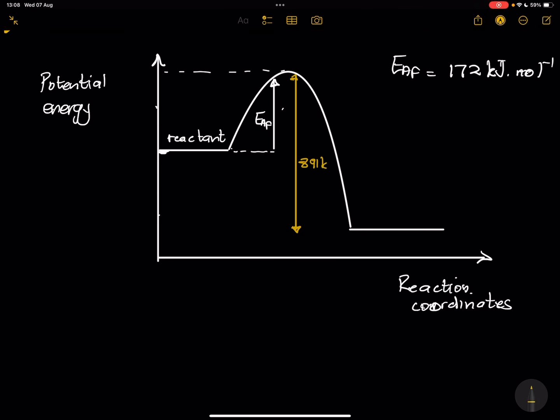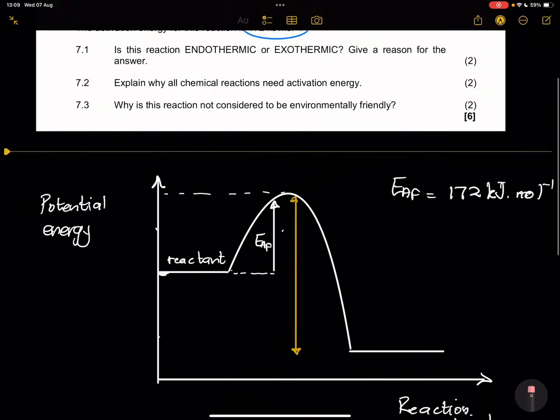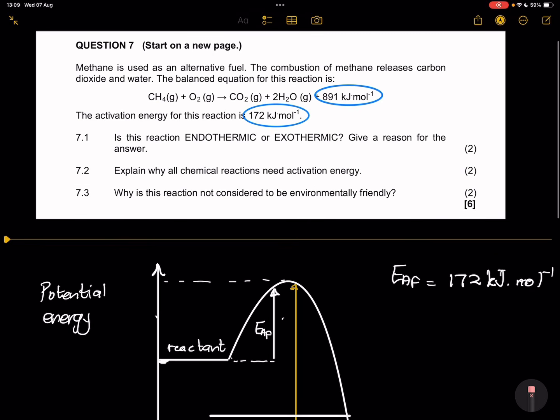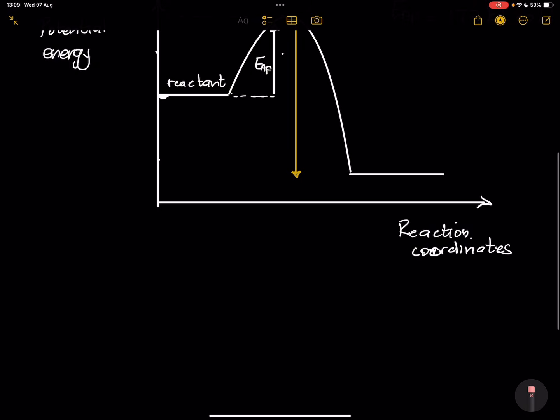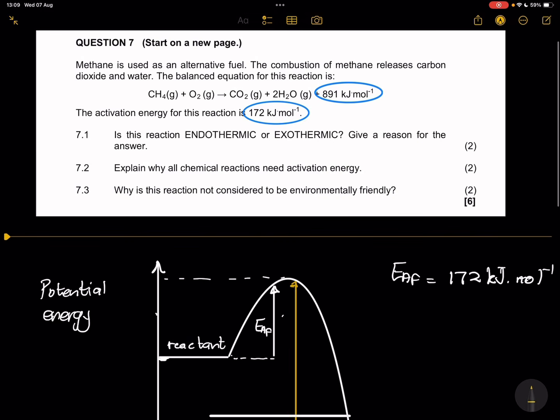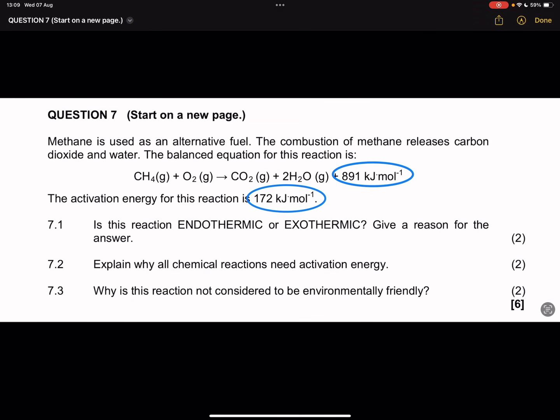Now, guys, I want you to really see this. In this case, what would therefore be delta H? Notice, if they asked us to calculate delta H for this reaction, that would be the amount of energy that is released minus that activation energy.